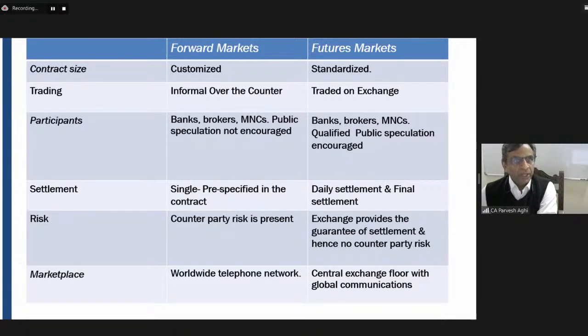All these help the exchanges to smoothly settle the transactions between the two parties. Whereas in forward markets, there's always a risk of a threat from a counterparty. Marketplace: worldwide digital network, telephone network in the case of forward markets, but in the case of futures markets, it happens on the floor of the exchange. Through an online trading account, you can enter into futures market transactions.